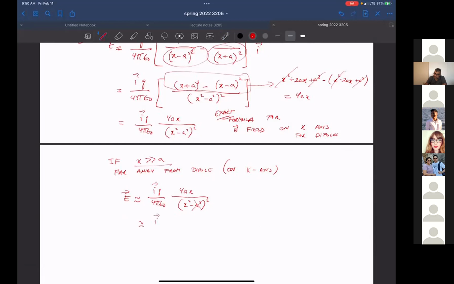So it would end up approximately i q over 4 pi epsilon naught times a over x cubed.